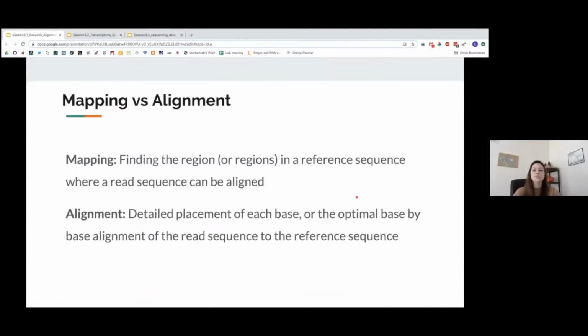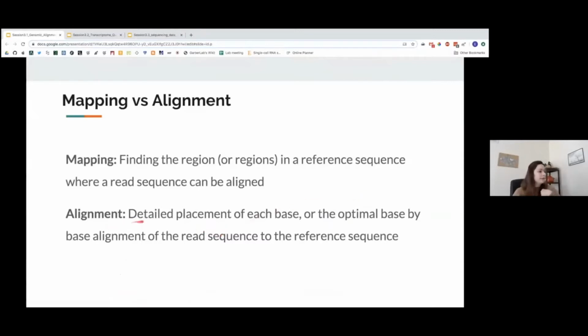First of all, let's define mapping and alignment. Mapping is the process of finding the region or regions that a read sequence can be aligned to. There can be more than one position in the genome where a read will be mapped.